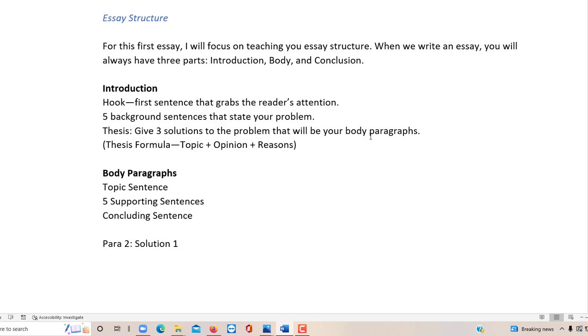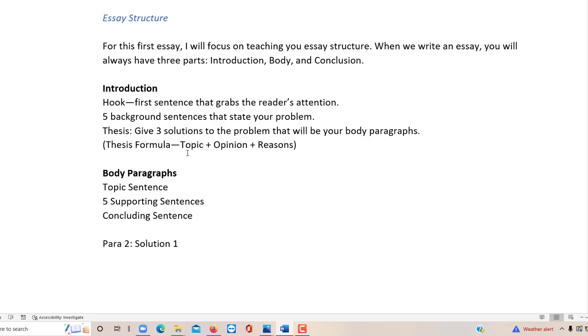For your thesis statement, you can either give 3 solutions to the problem that will be your body paragraphs, or you can give 3 reasons for your claim, and the 3 reasons become your body paragraphs. But your thesis formula always has to include a topic plus opinion plus reasons.